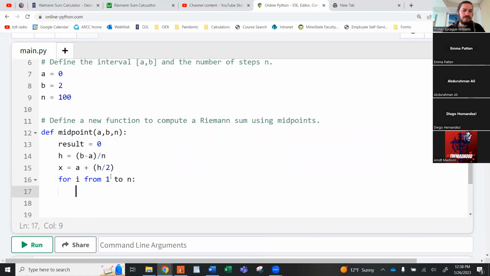There's another way to do this with a range, but I believe if I go from 1 to n, it will... remind me, programming people, is it going to equal n or is it not going to equal n? Is it going to do n or is it going to stop at n minus 1? This will leave out n.